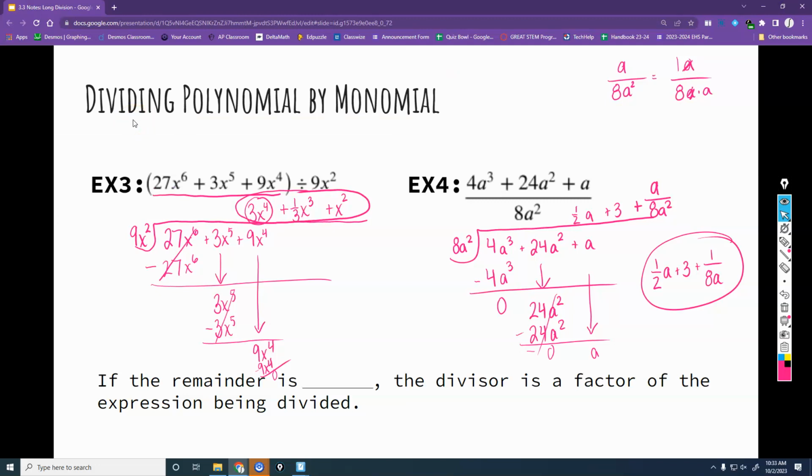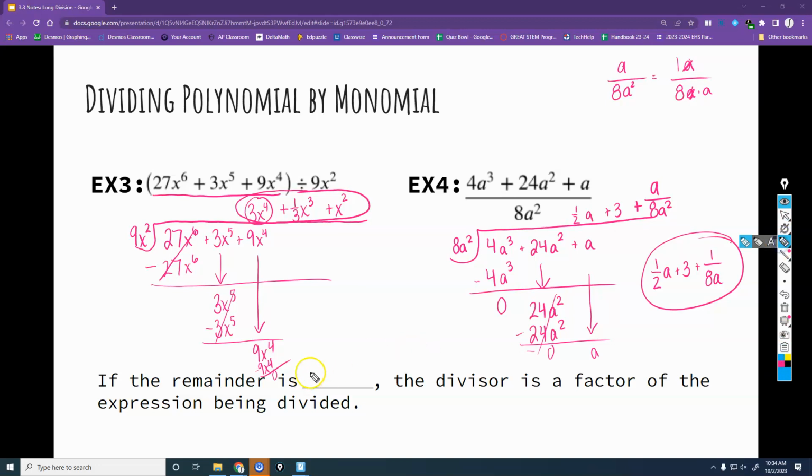If something will divide evenly, you do not have a remainder, then that would be what we call a factor of the expression that's being divided. So if the remainder is 0, it goes in this blank down here.